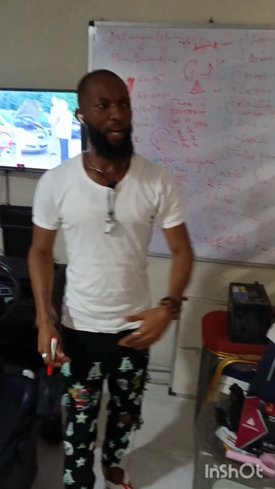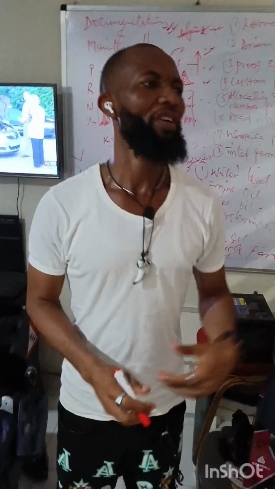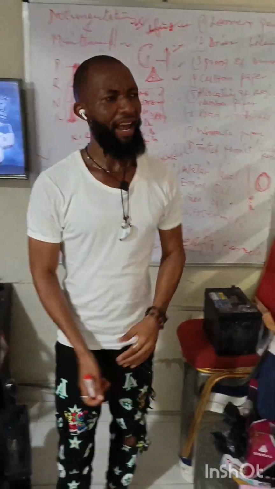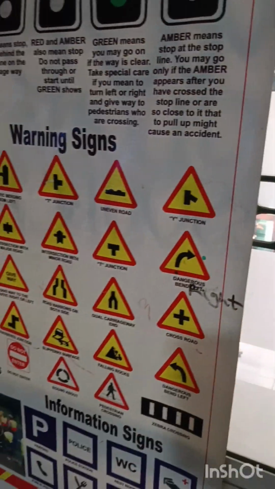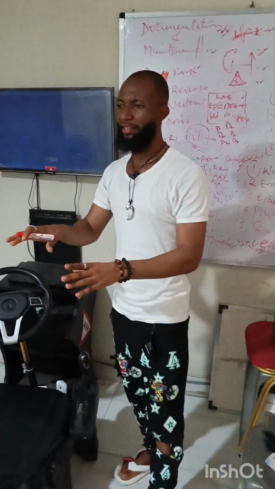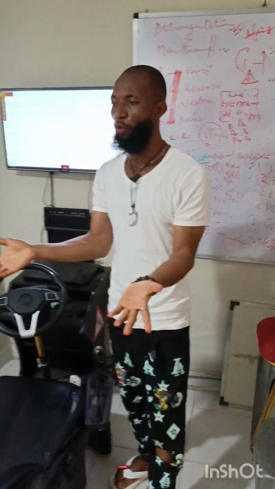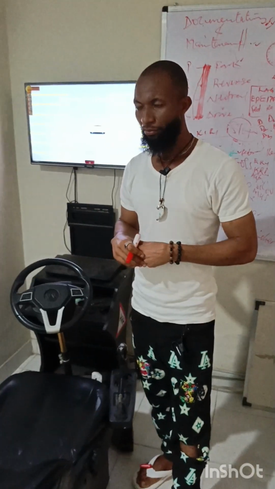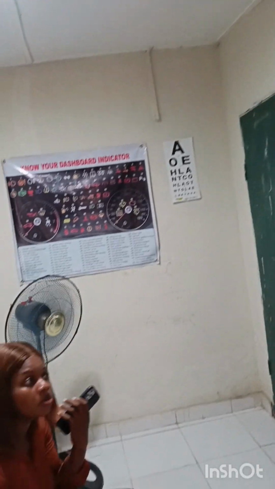Now let us quickly look at the second part now, which is called what? The warning signs. Now when you look at these warning signs, anything that comes with warning has to do with what? That means there's an action behind it, and when action comes, it's what? Dangerous. So under which one did you explain traffic? It's not that warning too. No, this one, traffic light, is on its own.